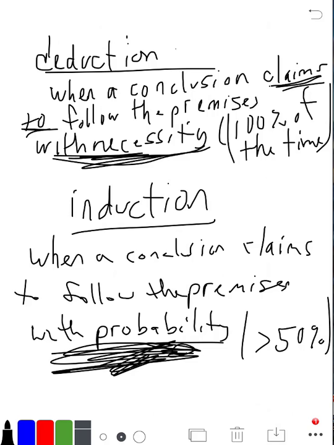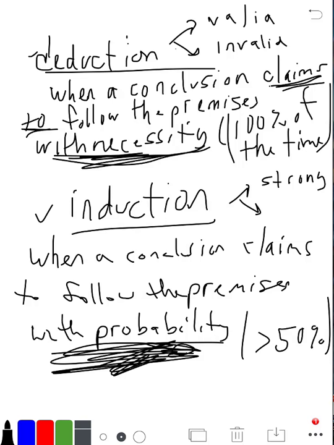When you do evaluations of arguments, first understand what deduction and induction are, because deductive arguments only can be valid or invalid. Induction, however, can be strong or weak. And that's the topic of our next video.